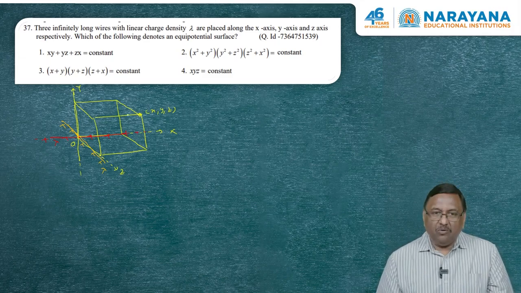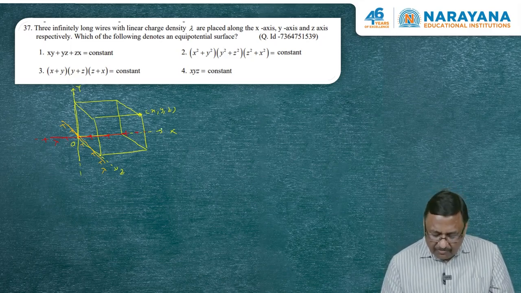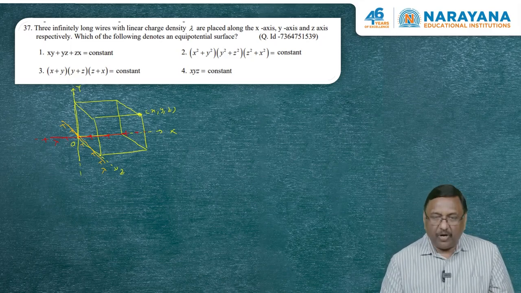I will now try to find the potentials because of each infinitely long wire at this particular point x, y, z.